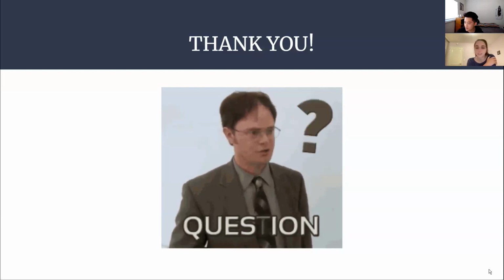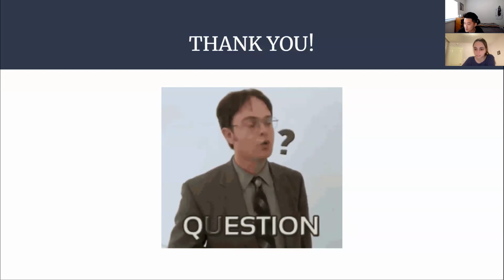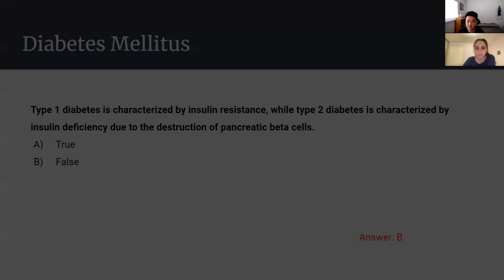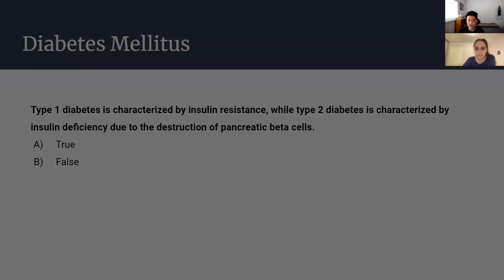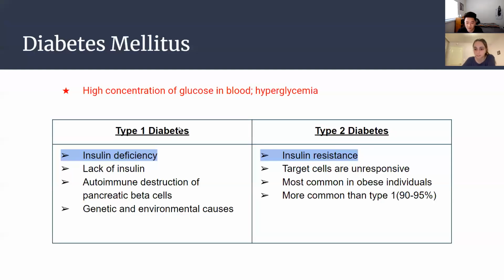And so to answer Vanessa's question, the two tips I would give you is for concepts like diabetes mellitus, right? You can create a T-chart, a chart for you, so you can easily identify type 1 and type 2 diabetes.